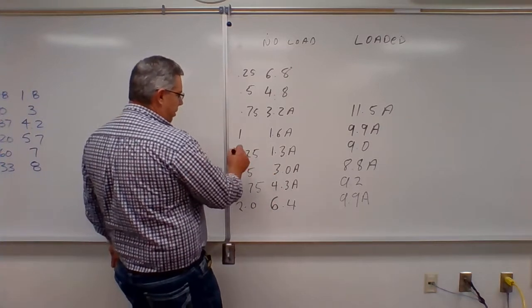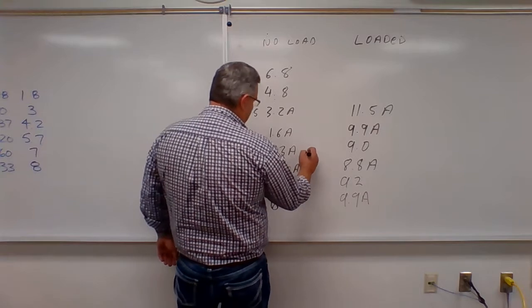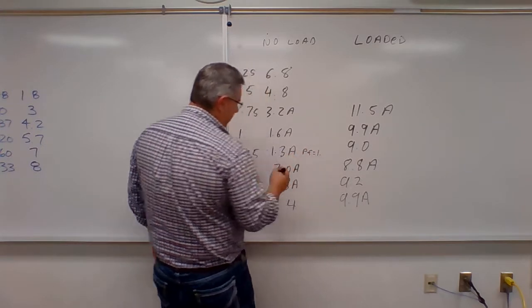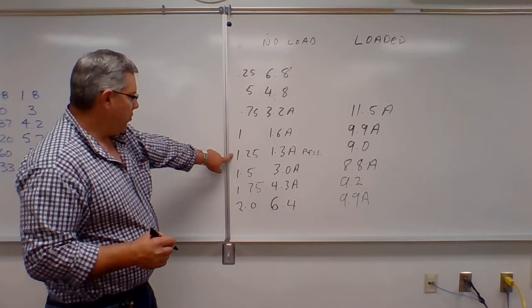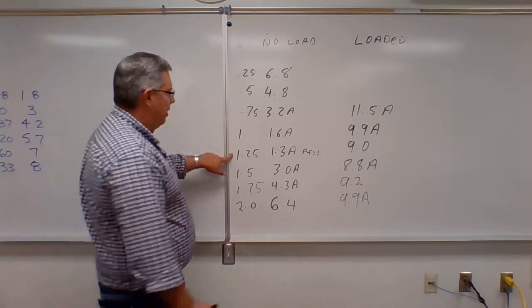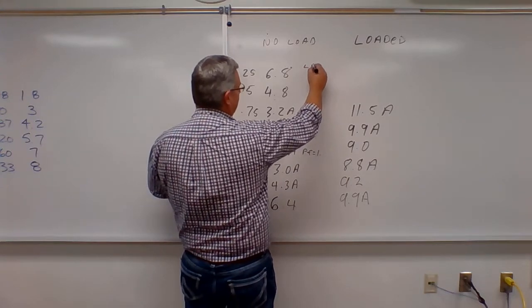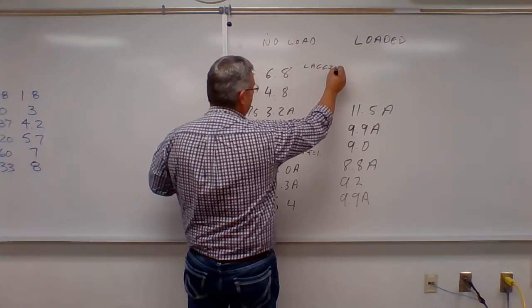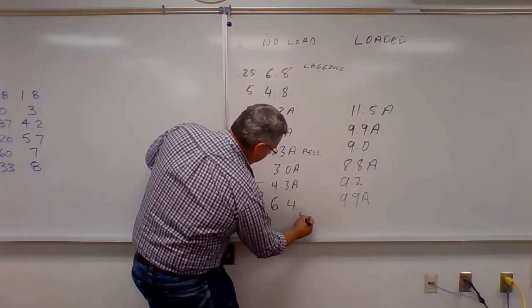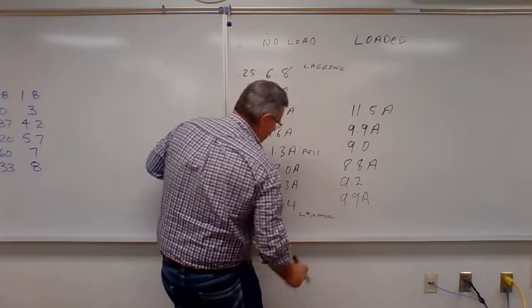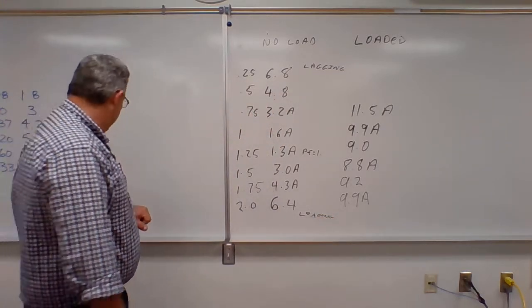With no load, this motor had a power factor of 1, or unity, at 1 1/4 amps of field current. That means everything before here was lagging, and here we were leading. A little low on the board. Wow, I write terribly.